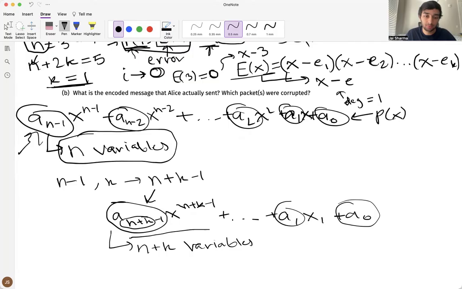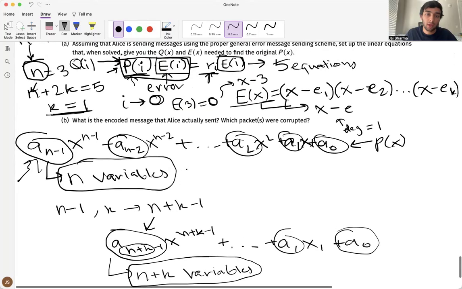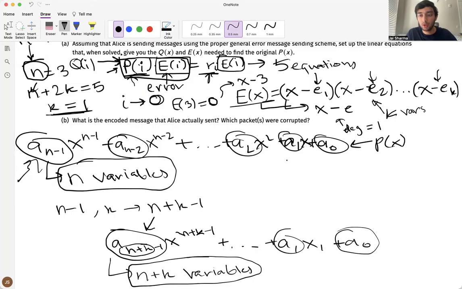And the other side has k variables because one for each of the errors. So this would be one variable, this would be one variable, right? If you have k general errors, you have k variables, right?